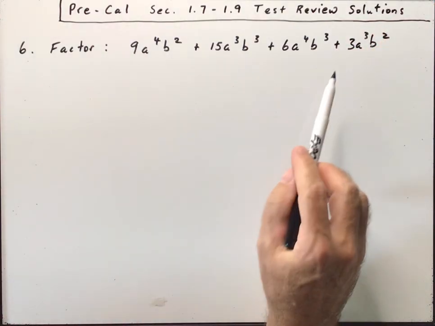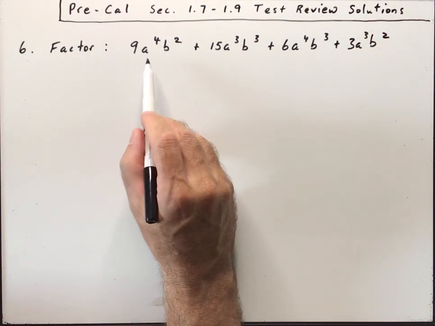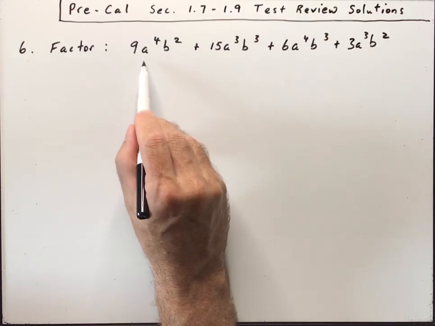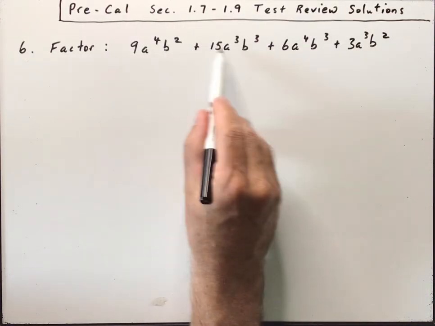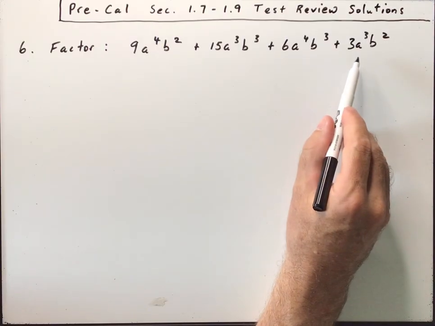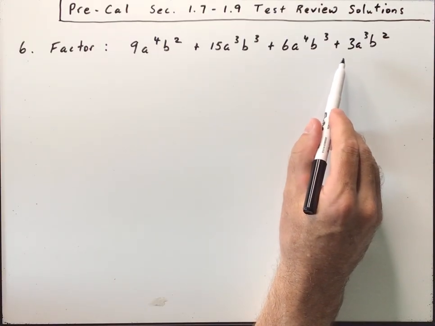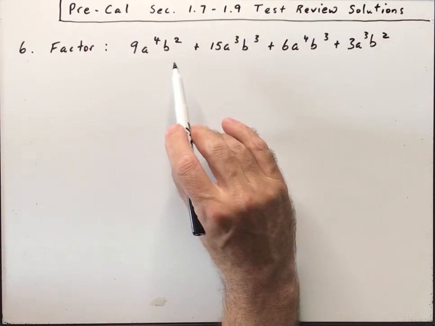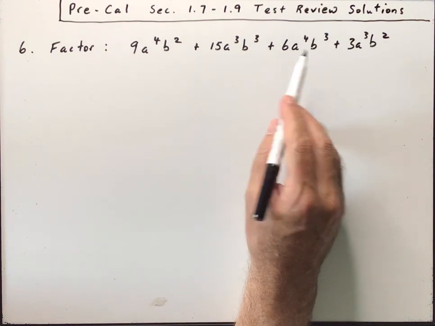When you see 4 terms, a lot of times you think, oh, let's factor by grouping. But I'm going to tell you, if we did these two together and these two together, in this case you get the exact same greatest common factor. So if that happens, there's no point in factoring by grouping.